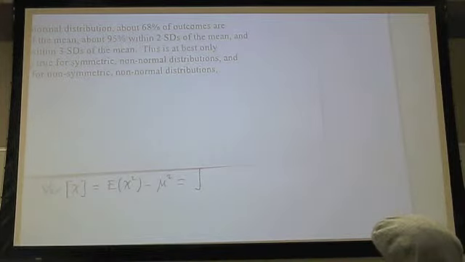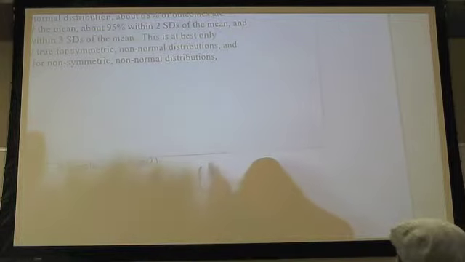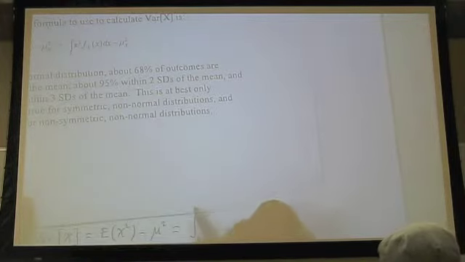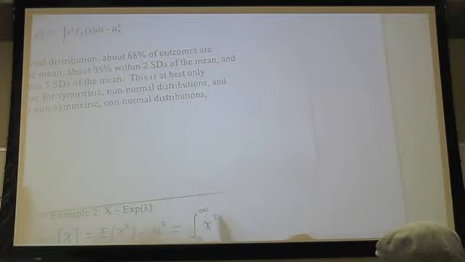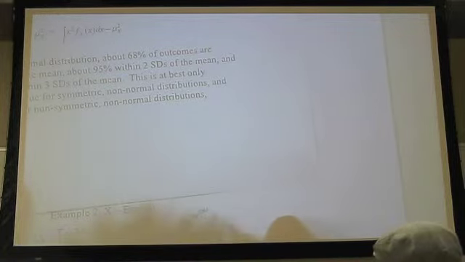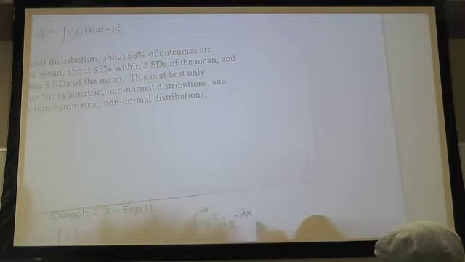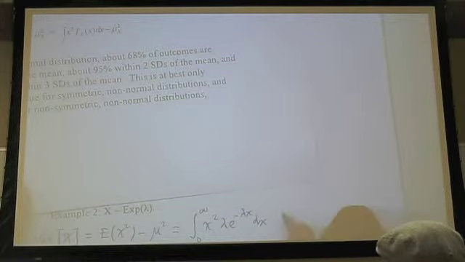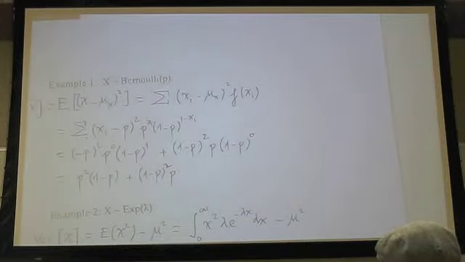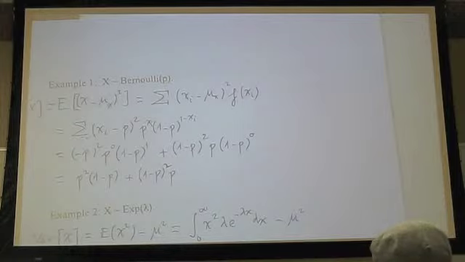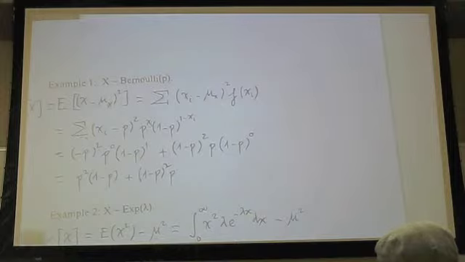Since it's exponential, I might as well cut it from 0 to infinity. So we have the integral from 0 to infinity of x squared times lambda e to the minus lambda x dx, minus mu squared. What is mu squared, by the way? We just calculated it a minute ago. Is it 1 over lambda? Yeah. Okay, good.